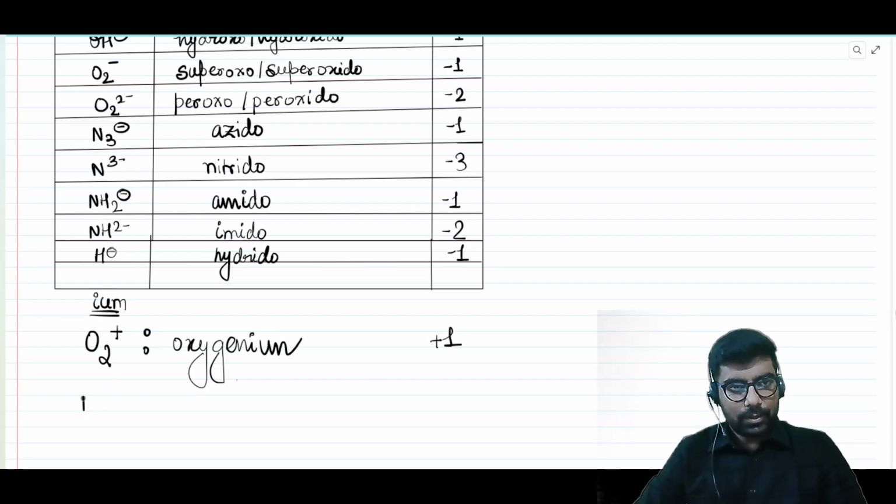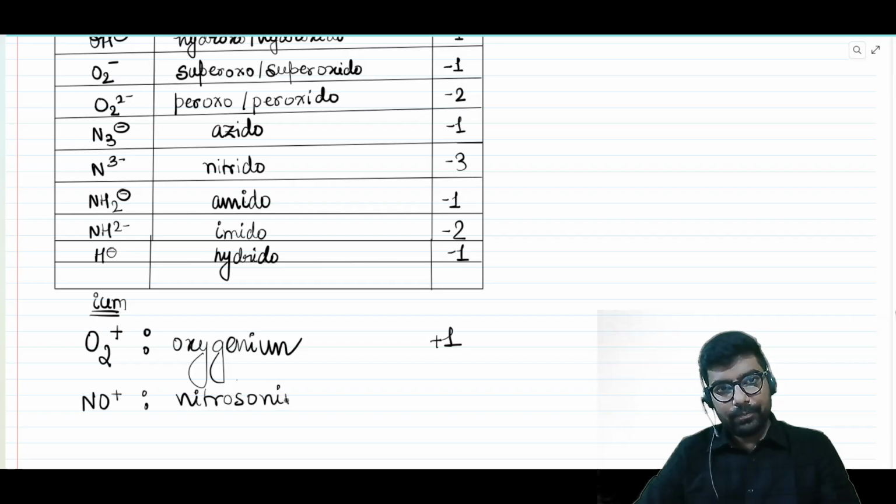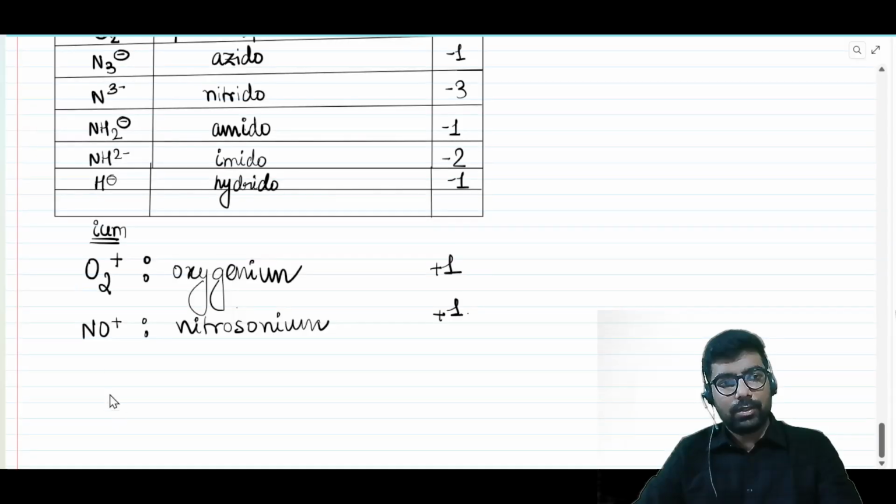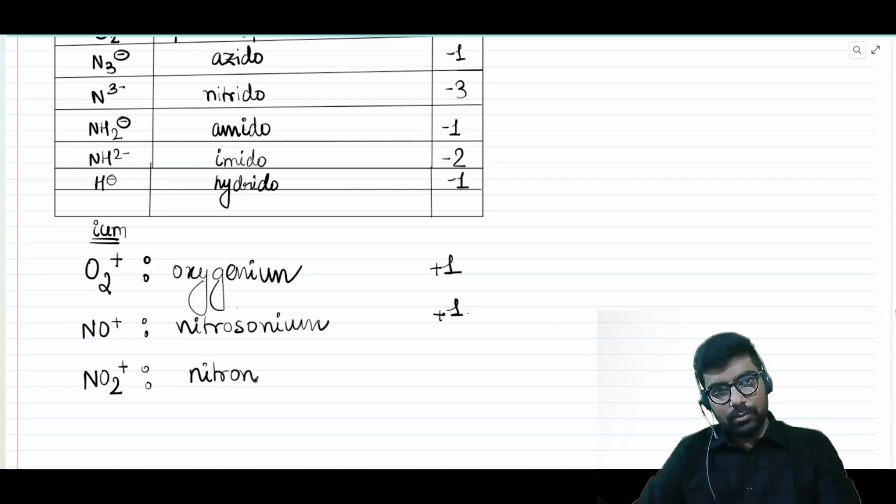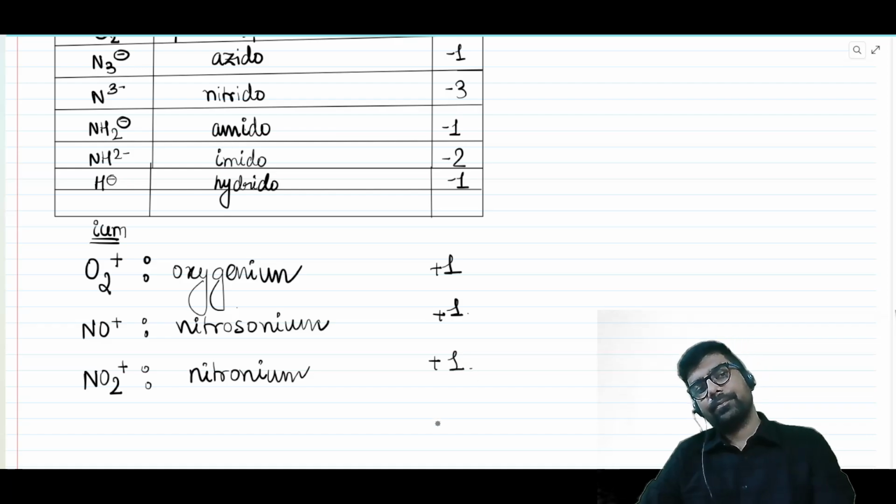Next one is NO plus. We call it nitrosonium. Again the charge is +1. Then there is another one, NO2 plus. This is called nitronium. This is also +1.